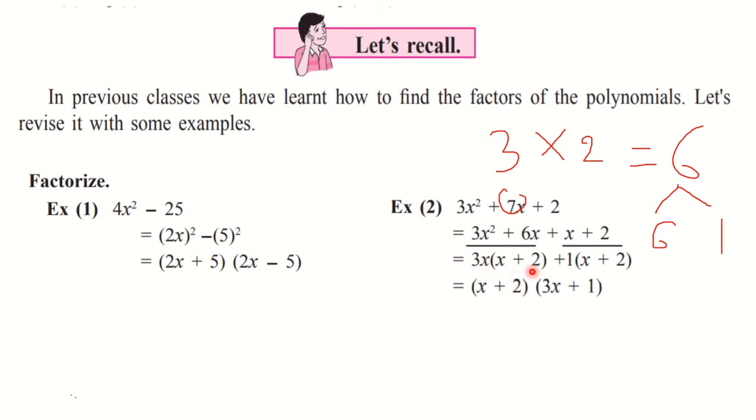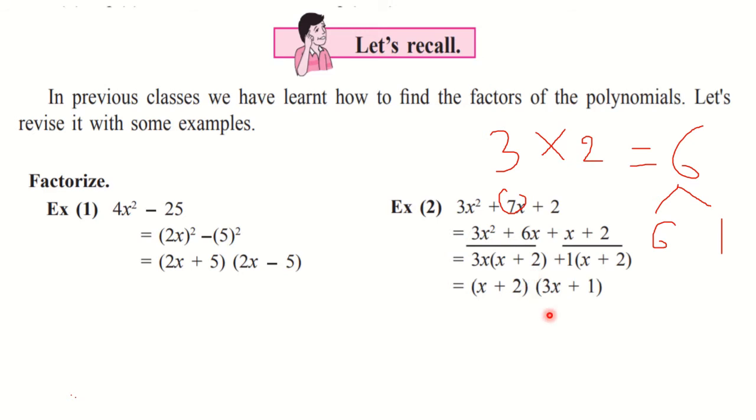See, this is one term now and this is the second term. And in these two terms also you can see that (x plus 2) is common. So that (x plus 2) is written in one bracket and in the second bracket the remaining things are written, that is (3x plus 1). This way we have factorized this particular polynomial into two factors.